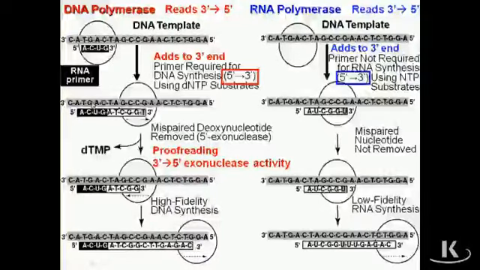Maybe it puts the wrong base in. So in this case, instead of putting in a C, a T was put in. But because this has a 3' to 5' exonuclease or proofreading activity, it can go backwards from 3' to 5', and it can degrade that incorrectly paired base.